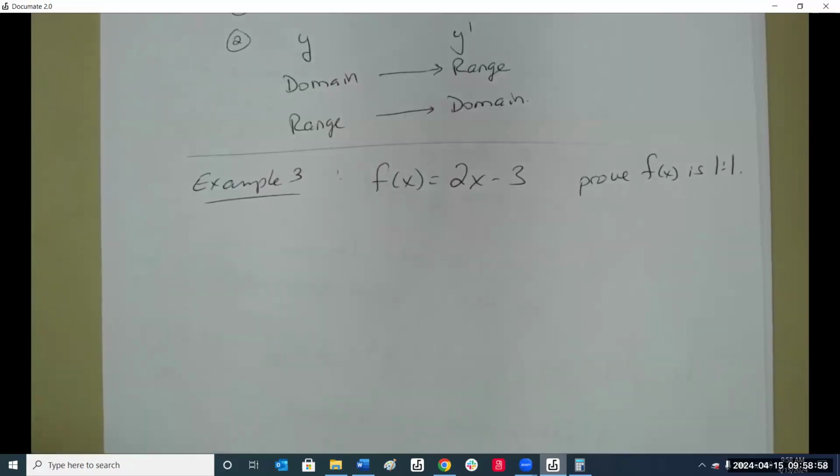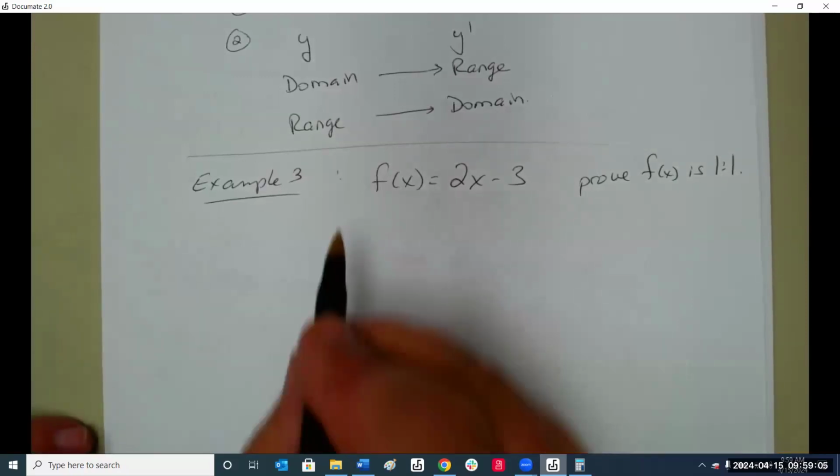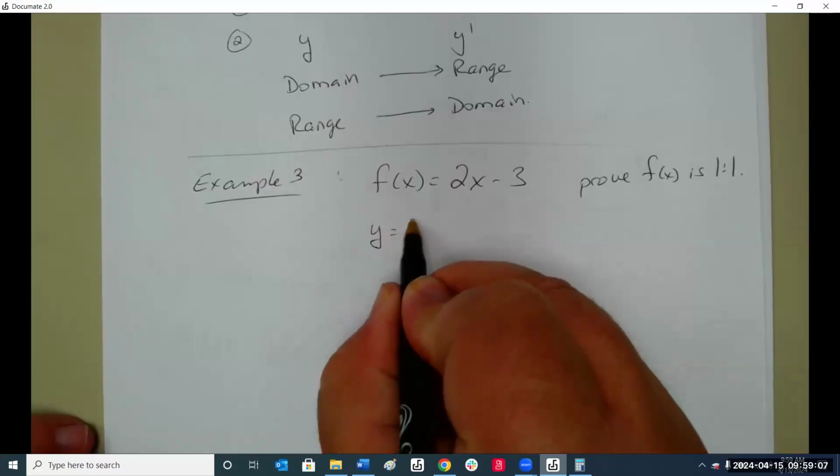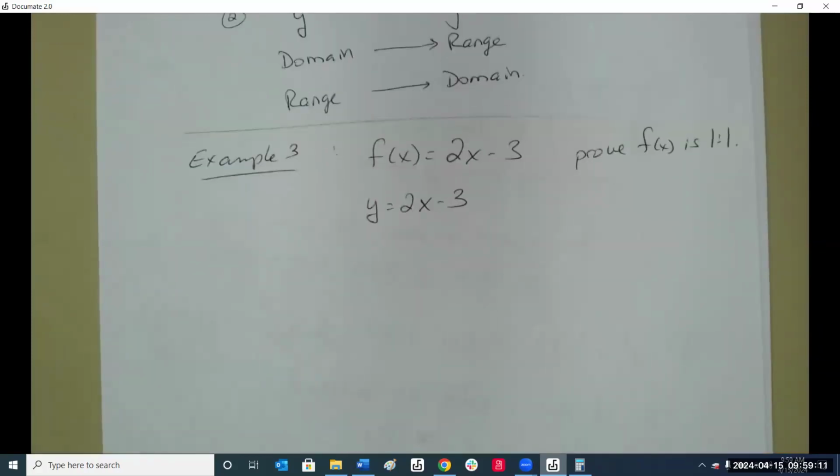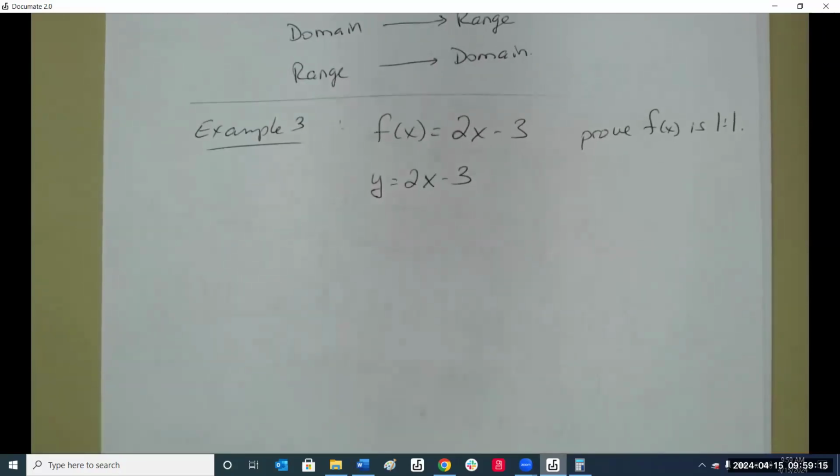If it's 1-to-1, then what do we know has to exist? The inverse. So if we can find the inverse, then it's 1-to-1. If we can find the inverse and the inverse is 1-to-1, then it's a true inverse.